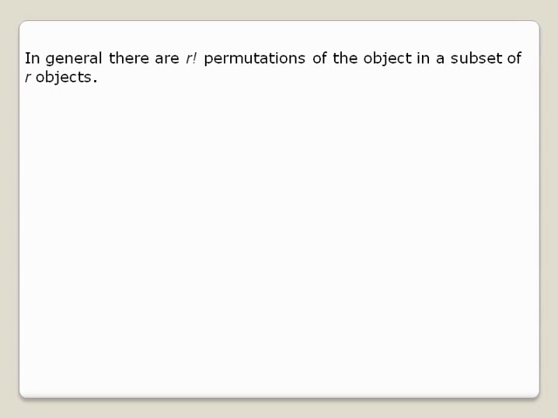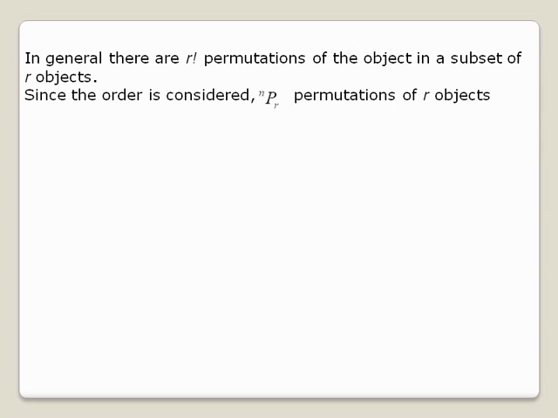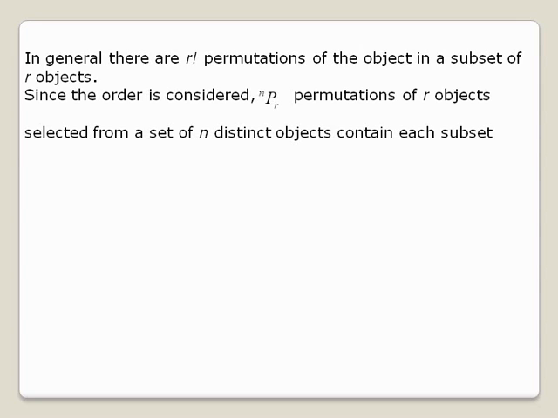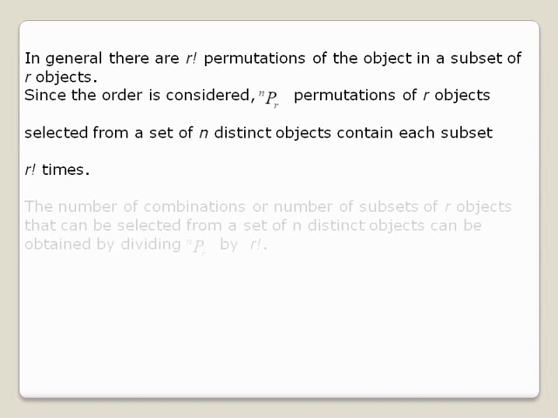In general, there are R factorial permutations of the objects in a subset of R objects. Since the order is considered, nPr permutations of R objects selected from a set of n distinct objects count each subset R factorial times.